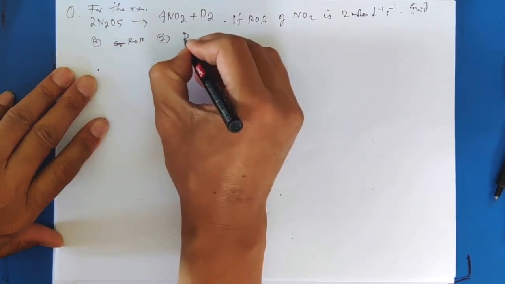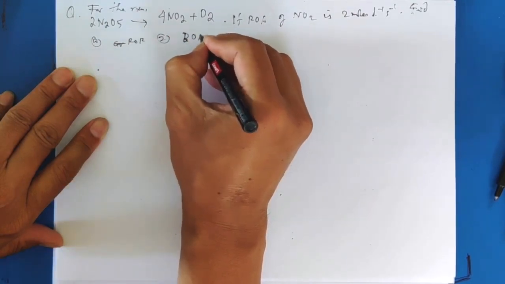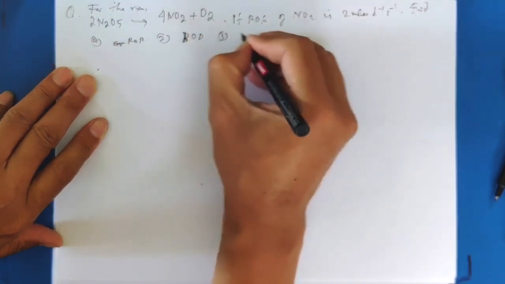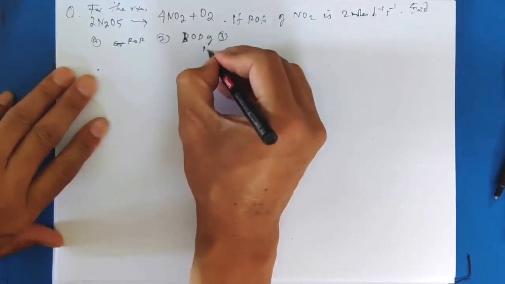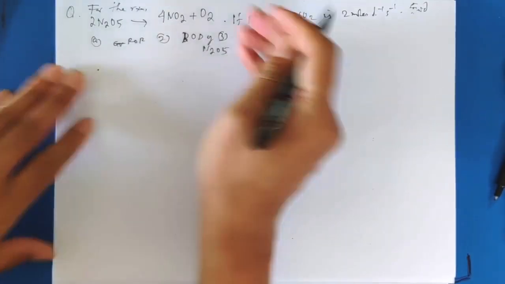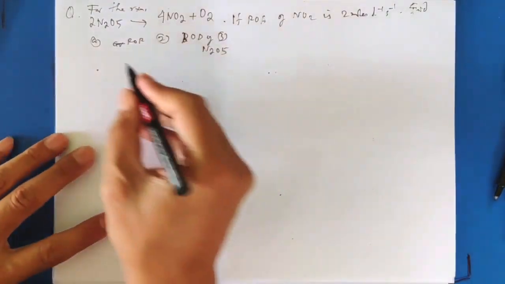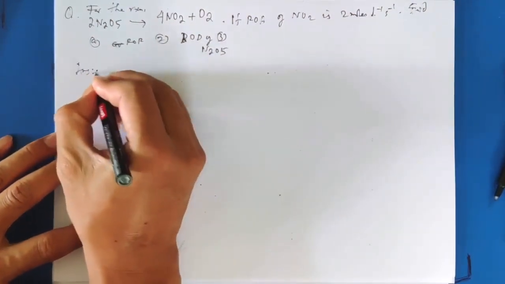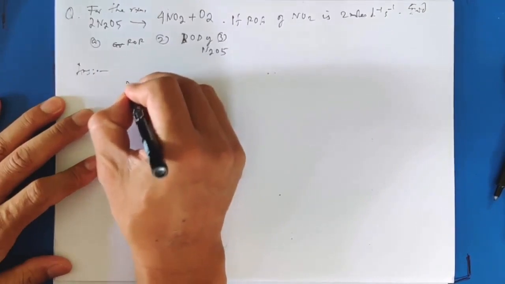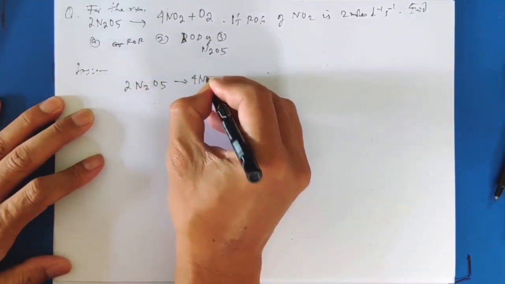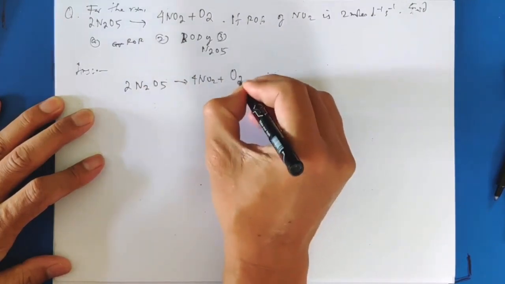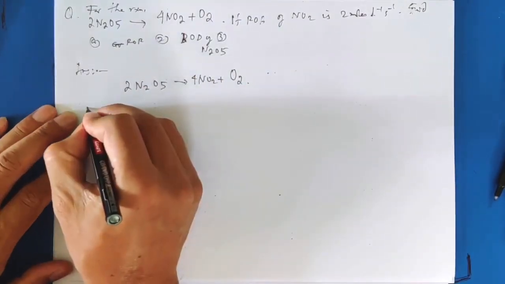And the rate of disappearance, rate of disappearance of who? The reactant N2O5. Answer. The chemical reaction is N2O5 giving 4 NO2 plus O2.